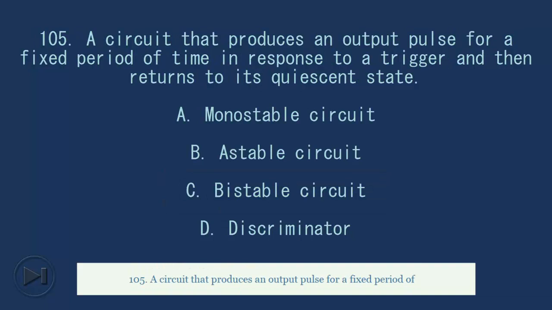105. A circuit that produces an output pulse for a fixed period of time in response to a trigger and then returns to its quiescent state. A. Monostable circuit. B. Astable circuit. C. Bistable circuit. D. Discriminator.